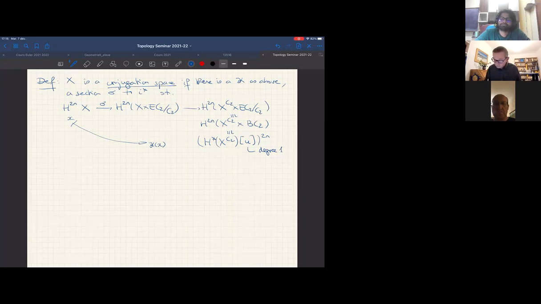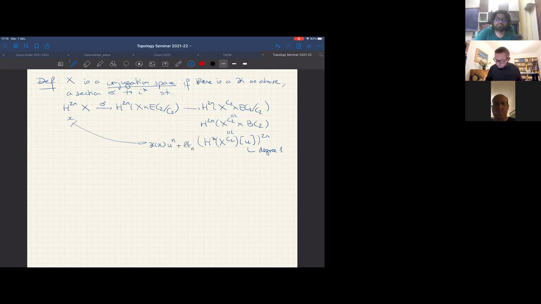So if we want something of degree 2n, we better multiply by u to the n, which we have. And then this conjugation equation says that everything else is of lower degree.